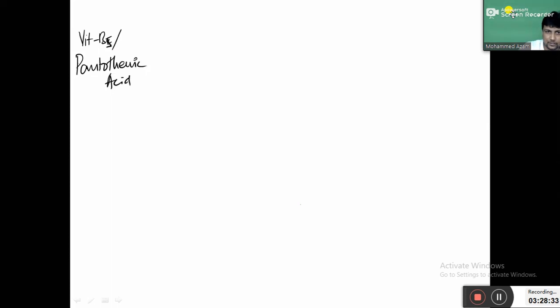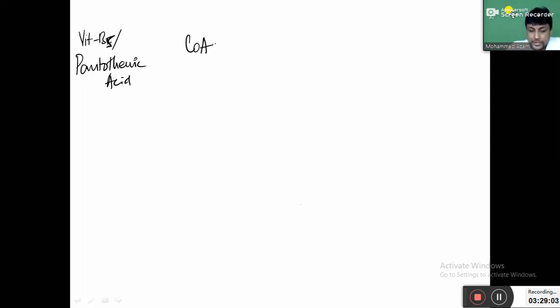Vitamin B5 is pantothenic acid, and this is going to form coenzyme A. Just recall, coenzyme A we have learned at many places in our entire biochemistry. Succinyl CoA, acetyl CoA, it is required at many places.